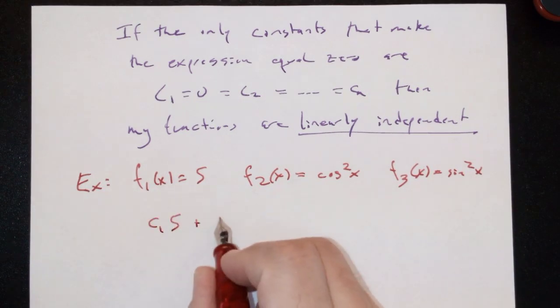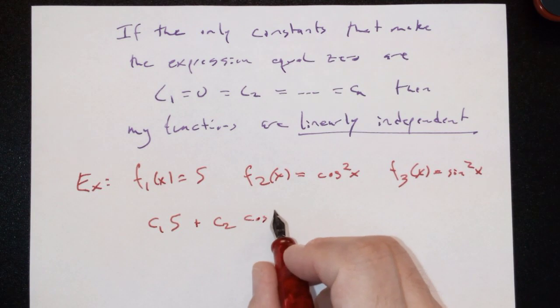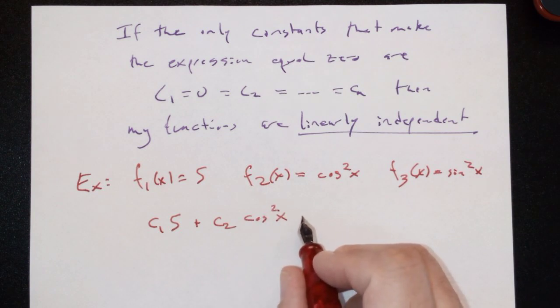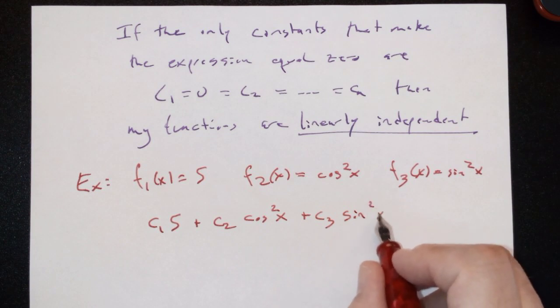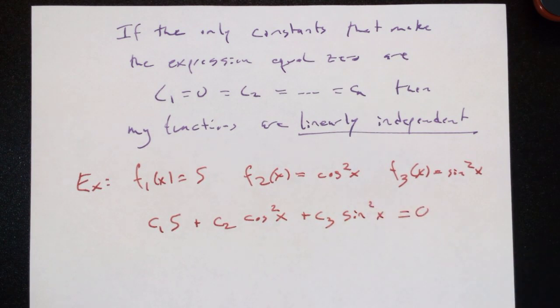But if I set C1 equal to 0, is there a way to make the rest of these not 0 and have it still work?